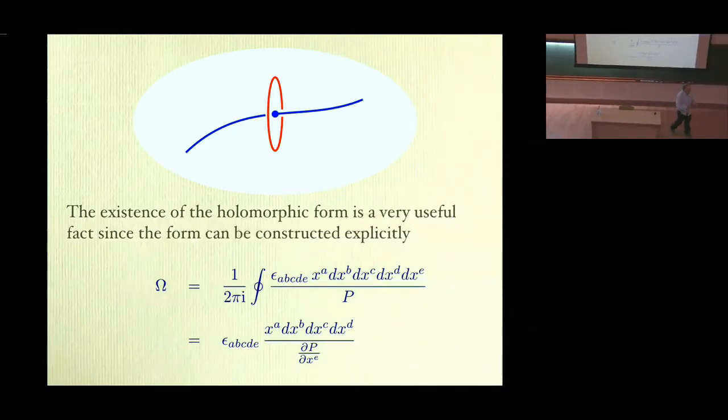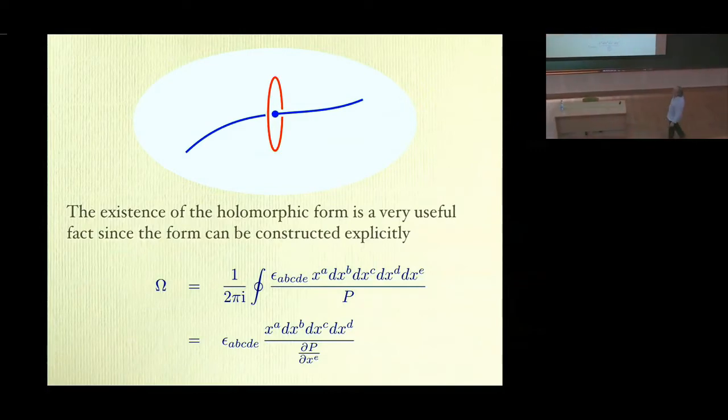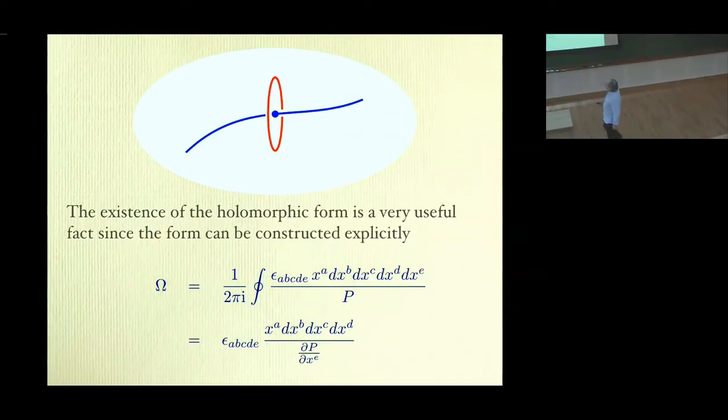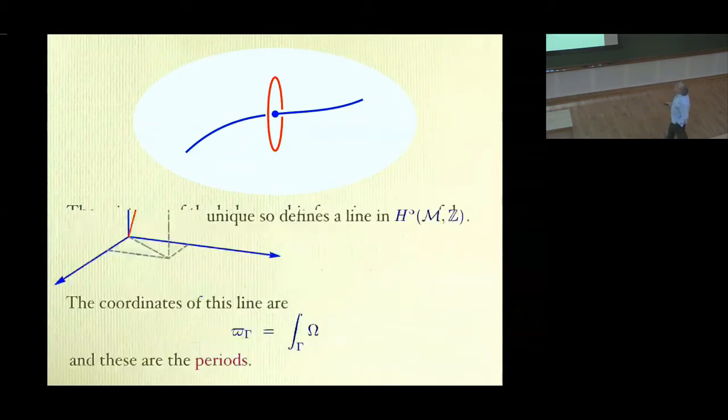And although this seems very special, you could adapt this construction many, many ways to construct many, many Calabi-Yau manifolds in this way. So here's a holomorphic 3 form, and as I say, you get an expression. If you integrate out one of the coordinates, say xe, then you just get a residue integral, and this is the residue. So we'll come back to this in a bit.